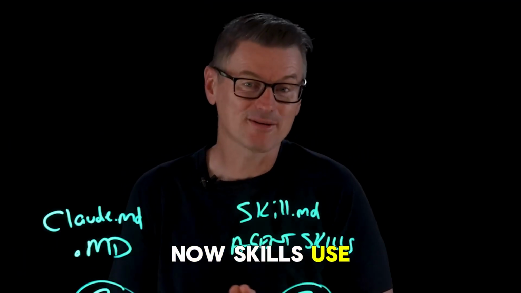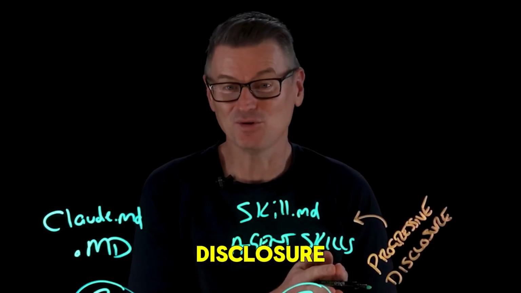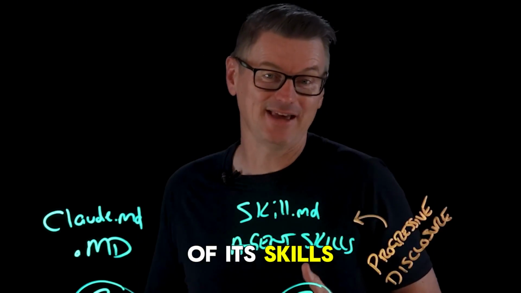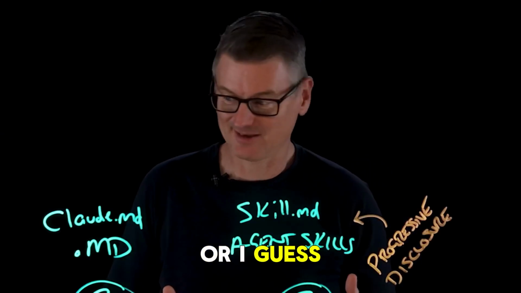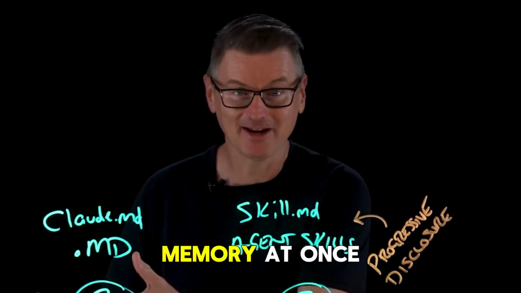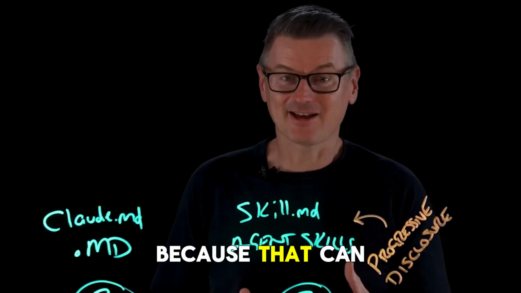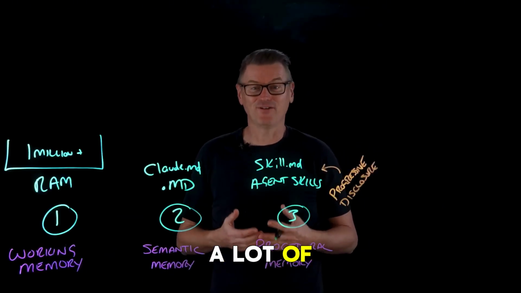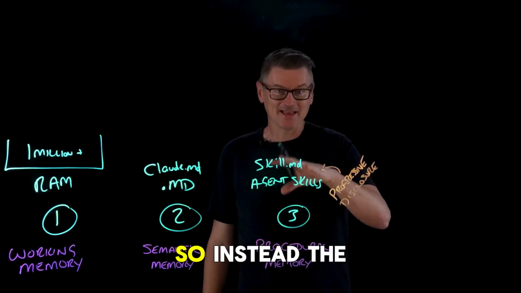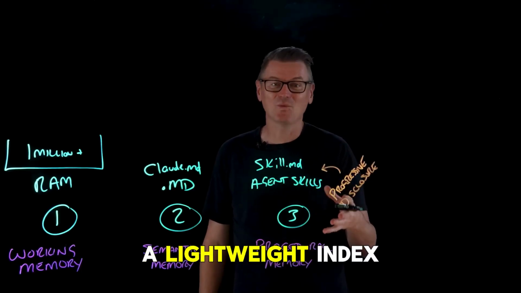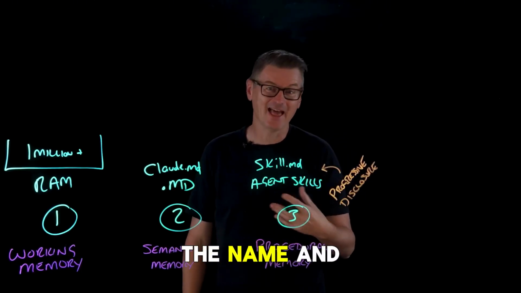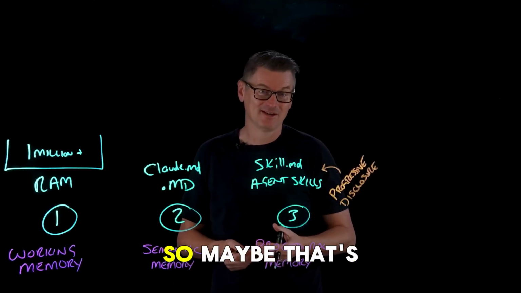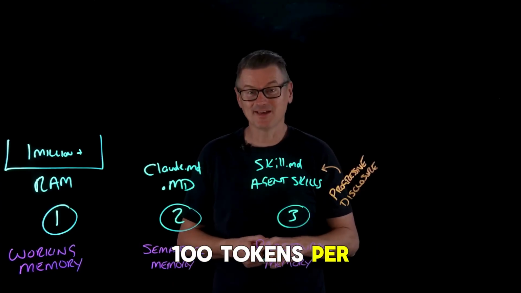Now, skills use something called progressive disclosure. So the agent doesn't load all of its skills into the context window, or I guess I should say into the working memory at once, because that could blow through the working memory budget if there are a lot of defined agent skills. So instead, the agent just sees a lightweight index, which is just the name and the description of each available skill. So maybe that's 100 tokens per skill.